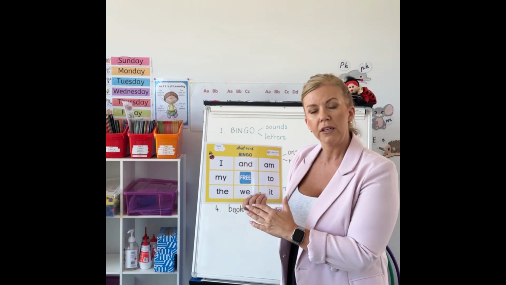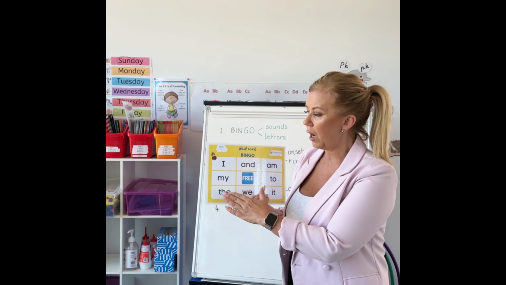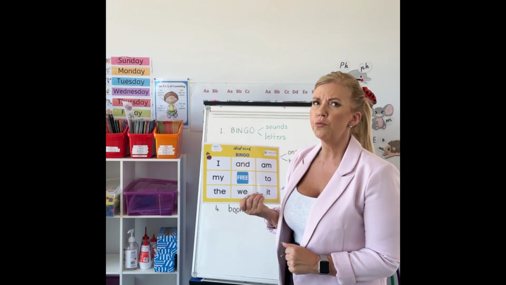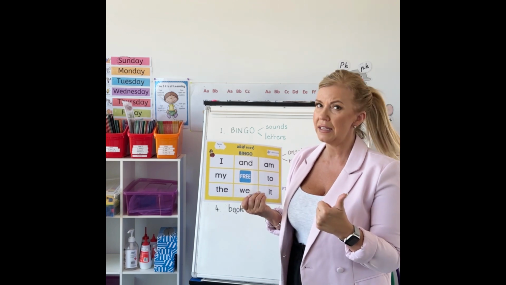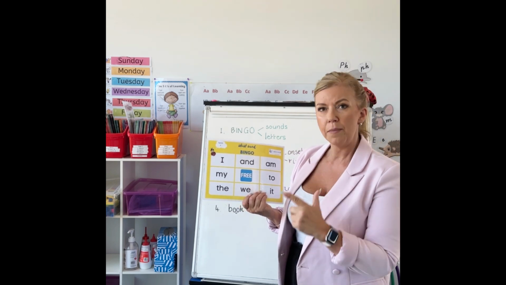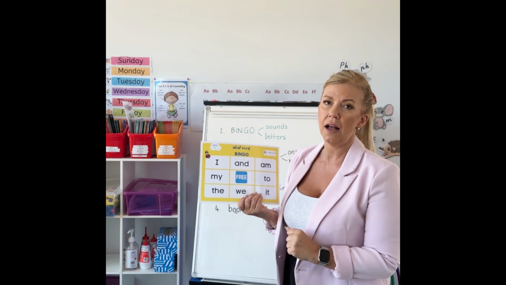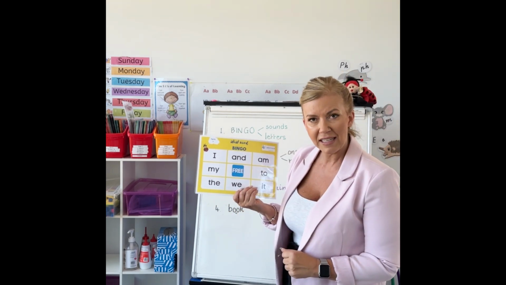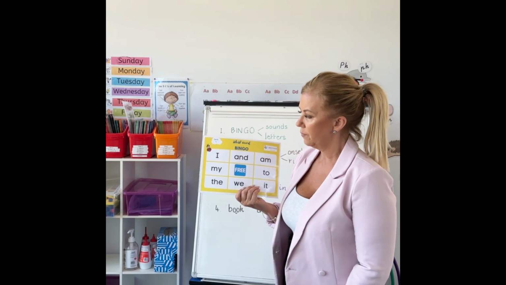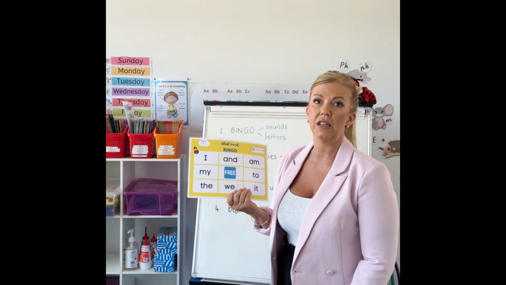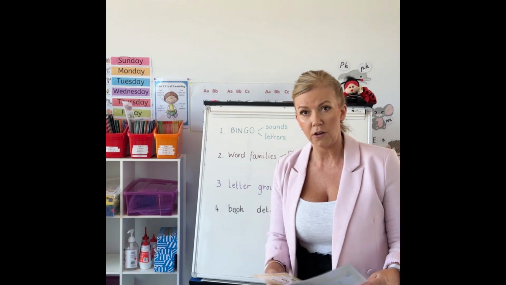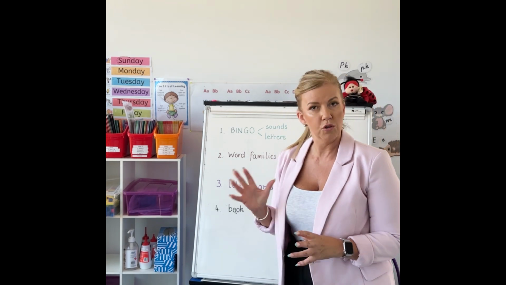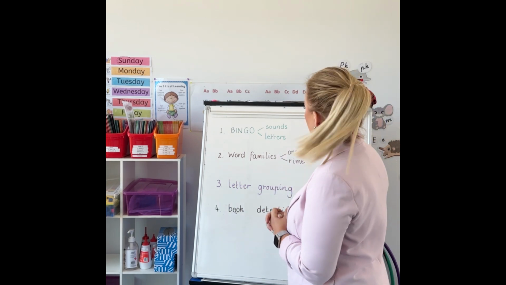But children actually learn high frequency words by looking at the shape of the word as well. So it's really important that we're covering not only the sounds, but also how many letters and the letter names. Because as you can see, these words are not phonetically spelt out. So that's our bingo activity that we do within the center. You can do that at home. We do have the bingo sheets available to purchase from our store.